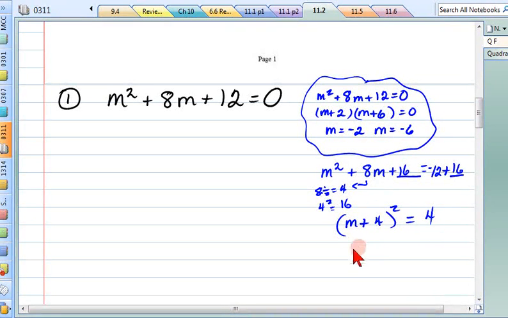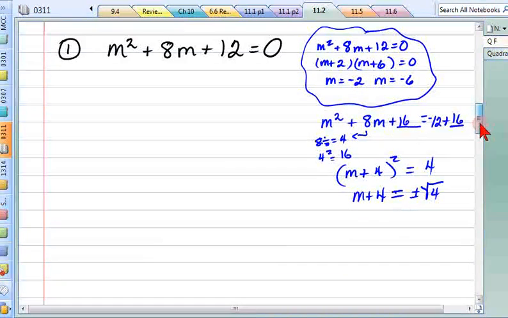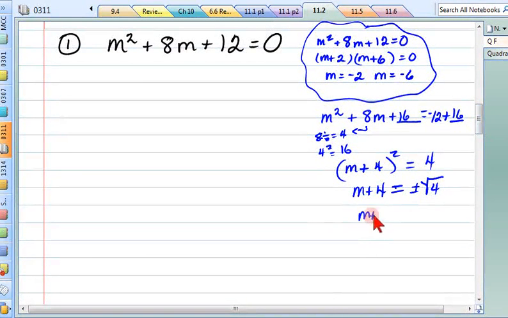I would use the square root property and get m plus 4 is equal to plus or minus the square roots of 4. That would be m plus 4 is equal to plus or minus 2. Subtract 4 from both sides, and I would get m is negative 4 plus or minus 2.